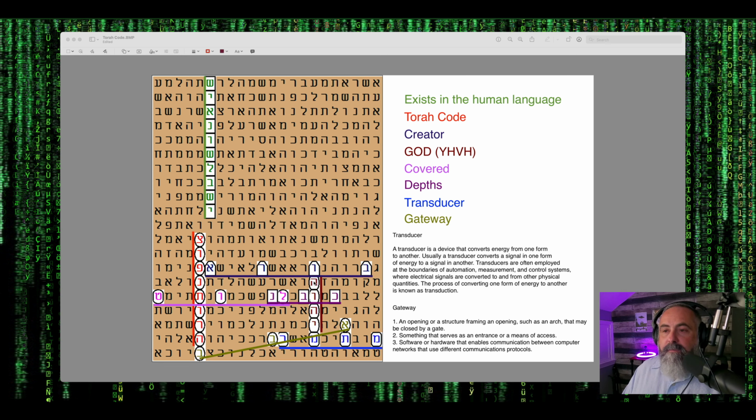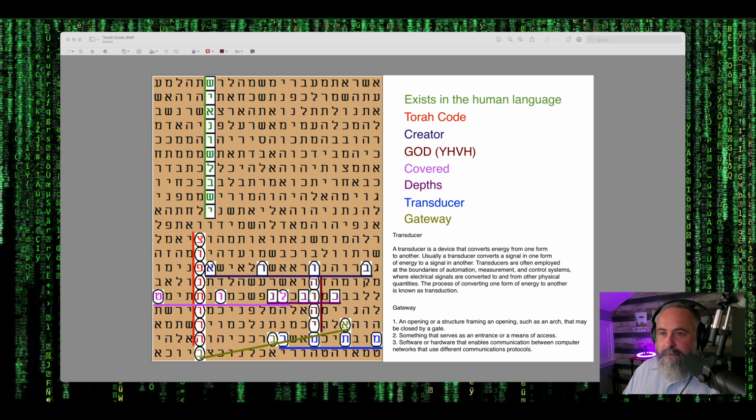Then running vertically right underneath the word creator is again the word God, Yahweh. So we have Yahweh connecting to the word creator, and creator connecting to the words Torah Code.